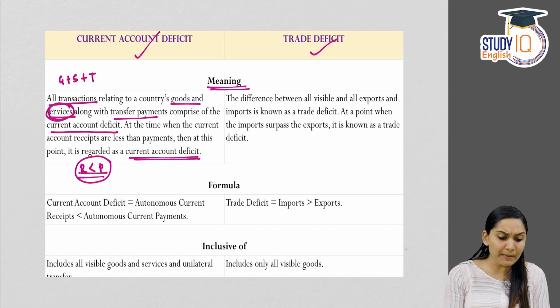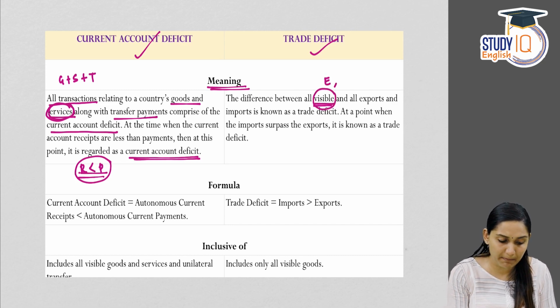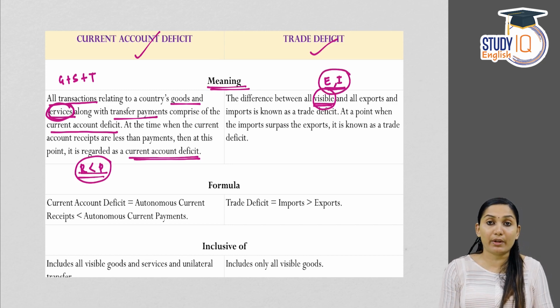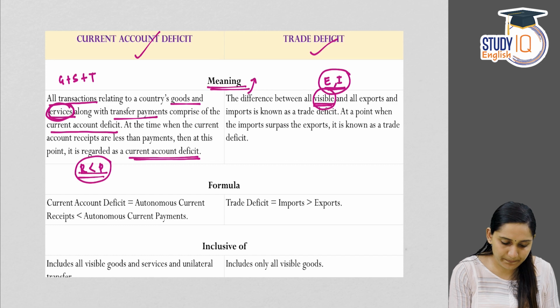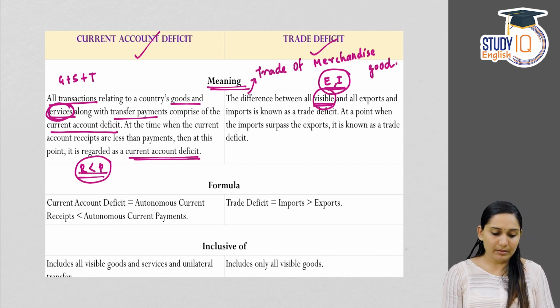Now, coming to trade deficit, the difference between all visible transactions, that is exports and imports, that is, trade of merchandise goods.